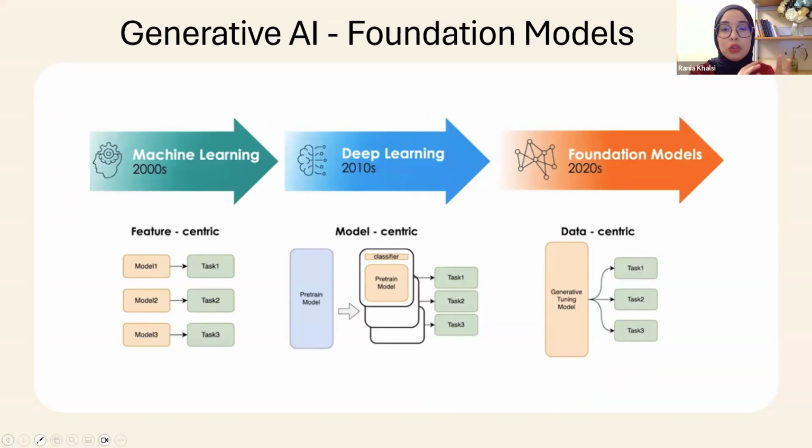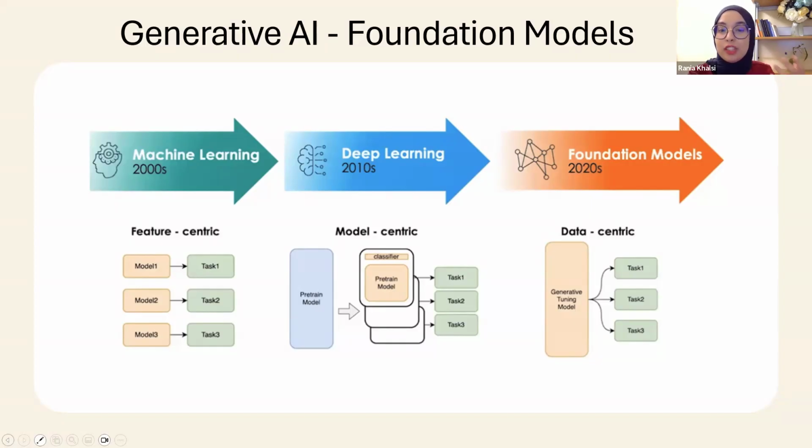Now let's take a look at the evolution from machine learning first, then deep learning, to today's foundation models. In traditional machine learning, the entire workflow was feature-centric. What we mean by feature-centric is that we focused heavily on pre-processing, and the pre-processing was mainly done manually.